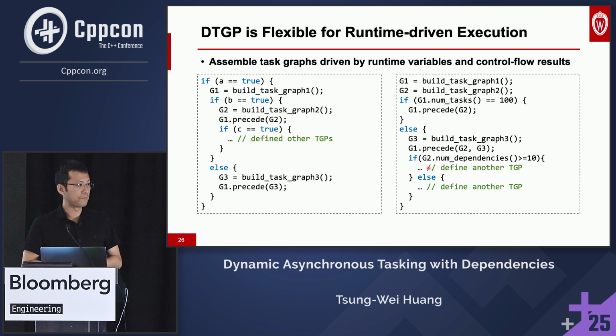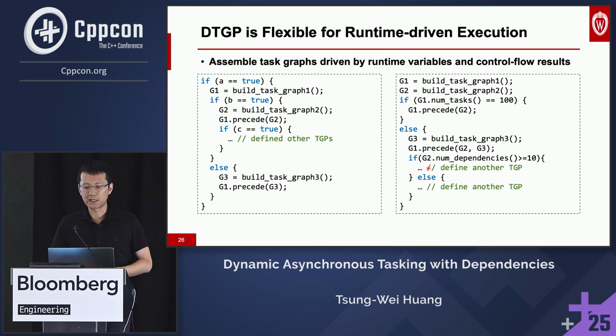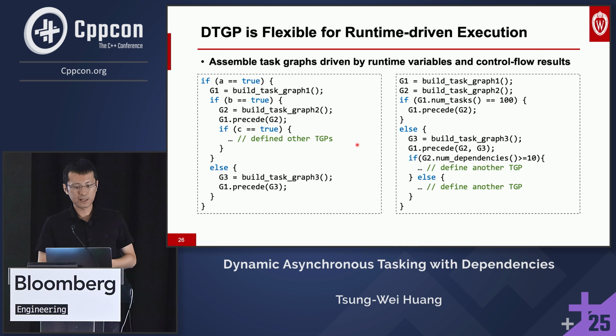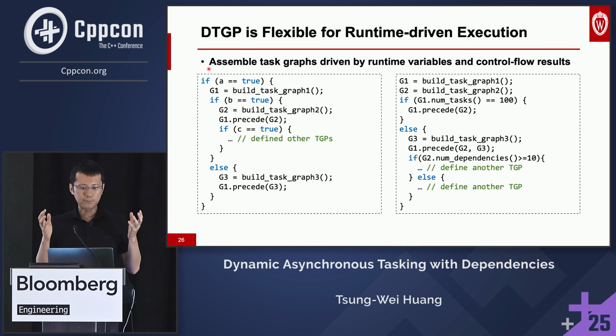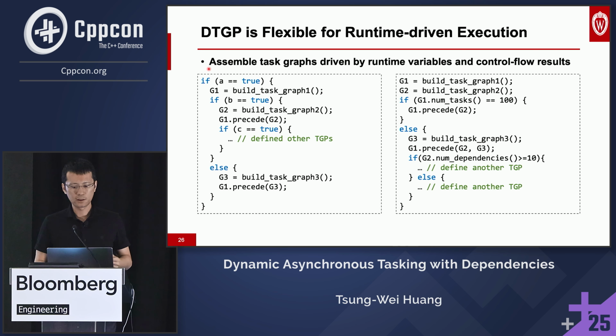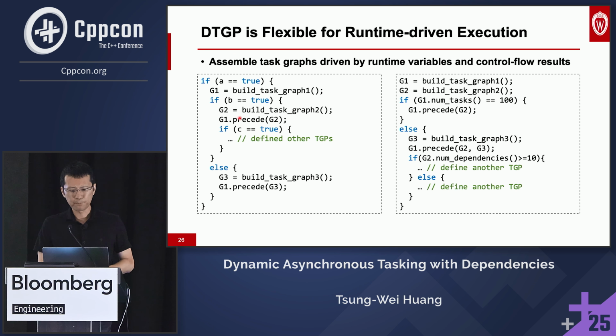One major advantage of DTGP, dynamic task graph programming, is the flexibility for runtime-driven execution, meaning that you can flexibly assemble your task graph parallelism driven by different runtime variables or control flow results. Let's take a look at an example over here.